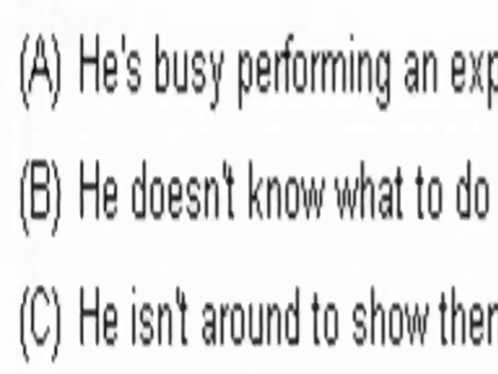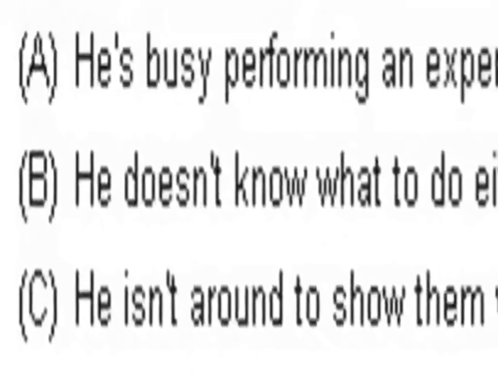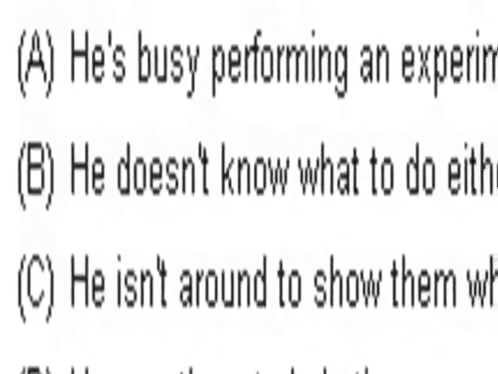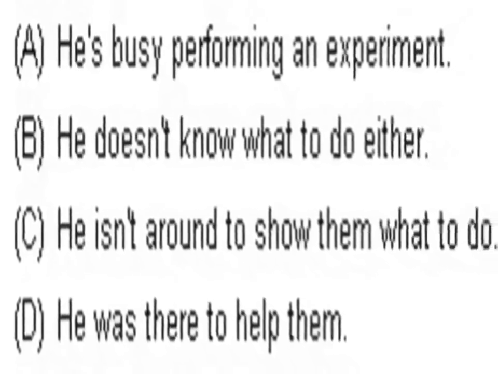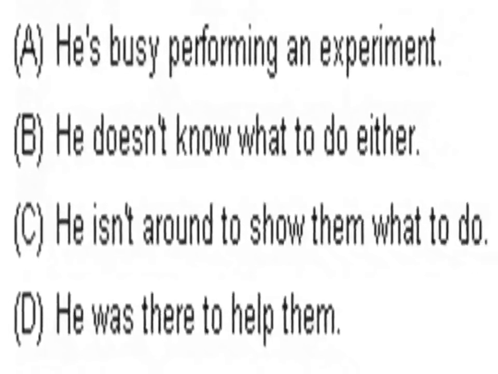I'm not sure exactly how to perform the next step in this experiment. Me neither, but if Jimmy were here, he'd know what to do. Number 30. What does the woman say about Jimmy?